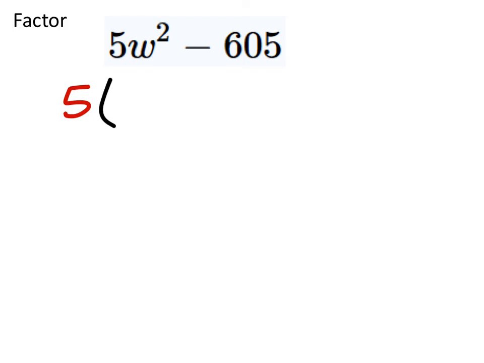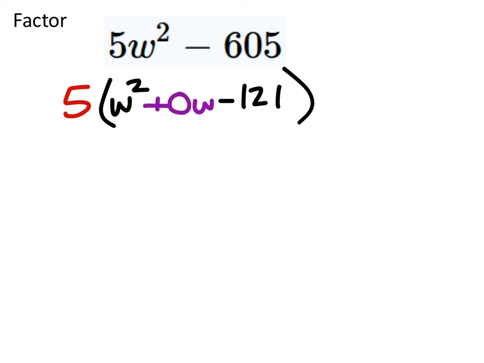And that leaves us, that's pretty nice. But if we were to factor this by grouping, the term that's missing is plus 0w. Because if I add 0 of anything to anything, I end up with the same thing. Even if it's w squared minus 121.